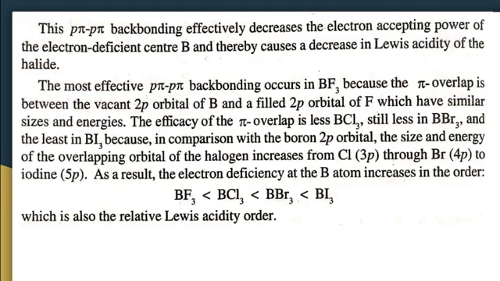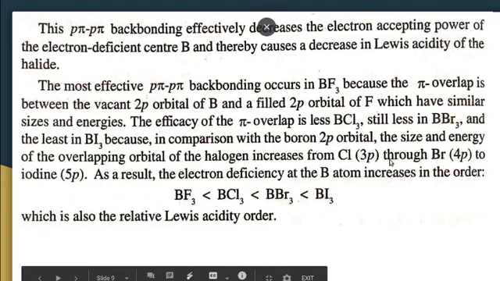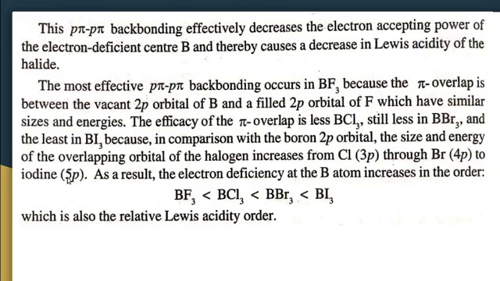So in the case of chlorine it has a 3p orbital, in the case of bromine it has 4p, and when it comes to iodine it has 5p orbitals. So the size and energy of the p orbitals of the halogen increase from fluorine to iodine. So highly efficient overlapping occurs between boron and fluorine only, compared to the other halogens.